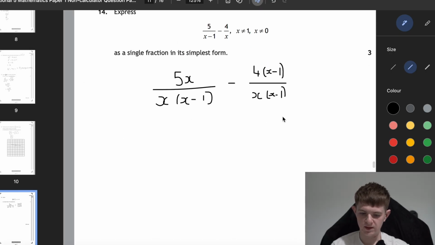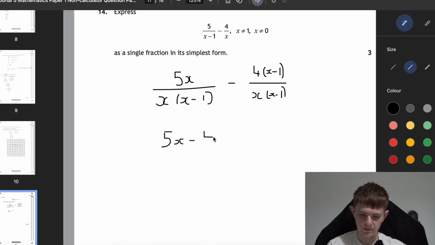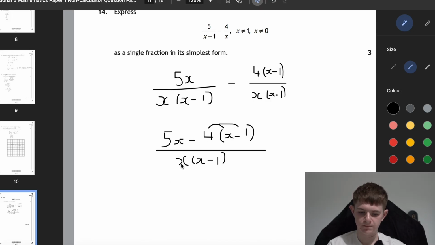From here, we can put them all over the same denominator. So we've got 5x take away 4 bracket x take away 1 over x bracket x take away 1. We'll then break out these brackets.